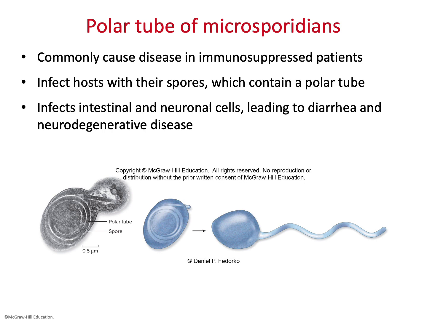This rupture ejects the tightly coiled polar tube, which can penetrate the epithelial cell. In humans, Microsporidia rarely cause disease in healthy individuals, but they commonly can cause disease in immunocompromised individuals. They can infect the intestinal and neuronal cells, leading to diarrhea and neurodegenerative disease.